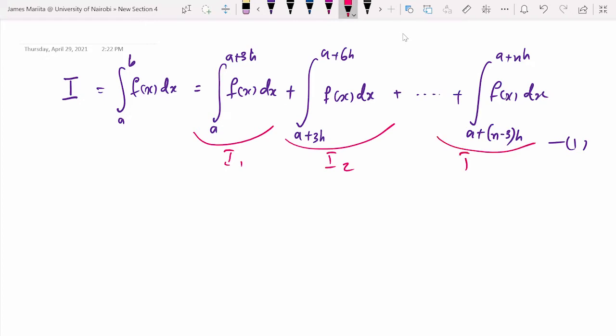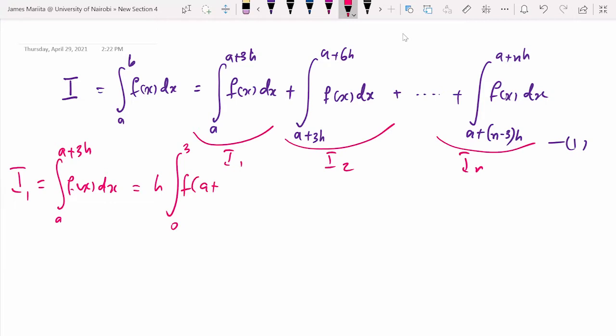Of course, that's going to be the integral of f of x dx from 0 to 3h. That is, if we have it that x is equal to a plus rh, that's our x.